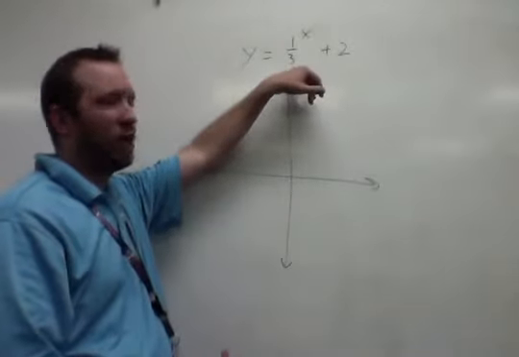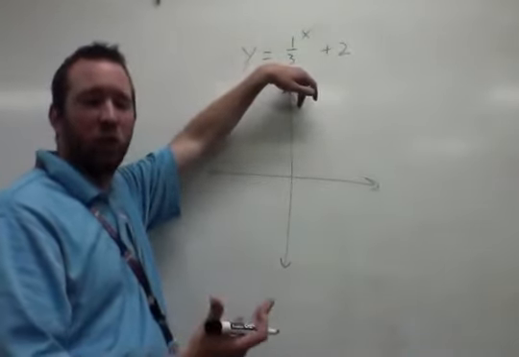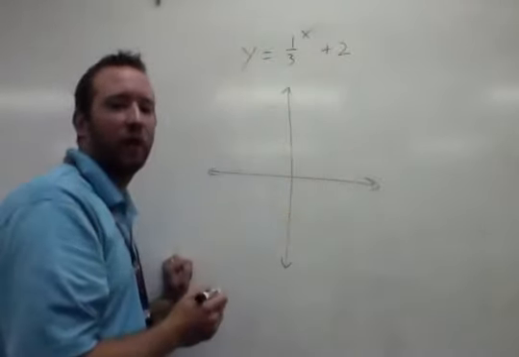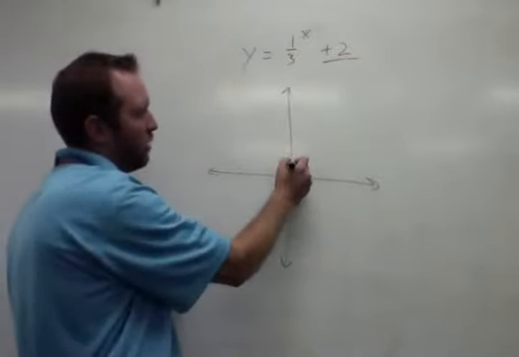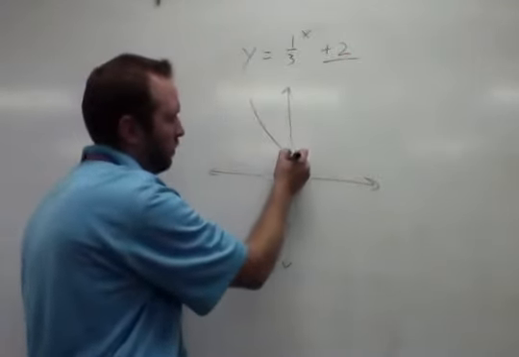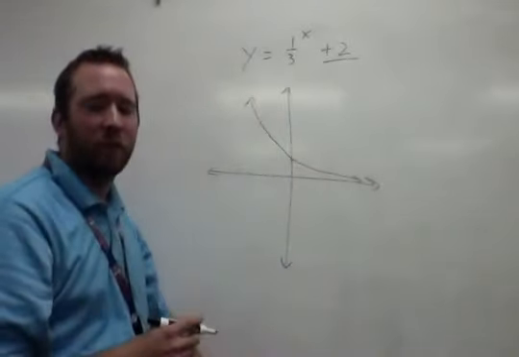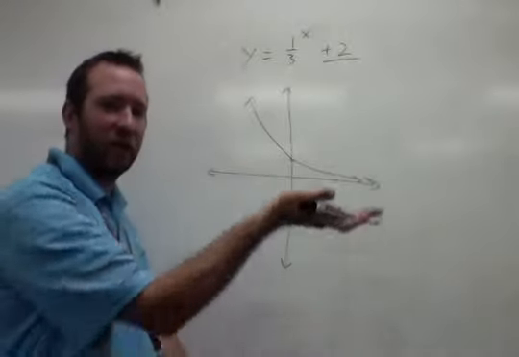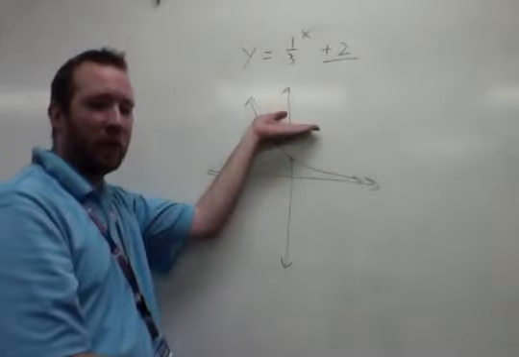As we should have seen in the other video, since 1/3 is between 0 and 1, it's going to be exponential decay, so it's going to come down and kind of flatten out. And then I have this plus 2, which shifts it. So I should have had a graph that looked like this. But because of the plus 2, I have to vertically shift this. I have to do that transformation, so I'm going to shift this graph 2 units up.